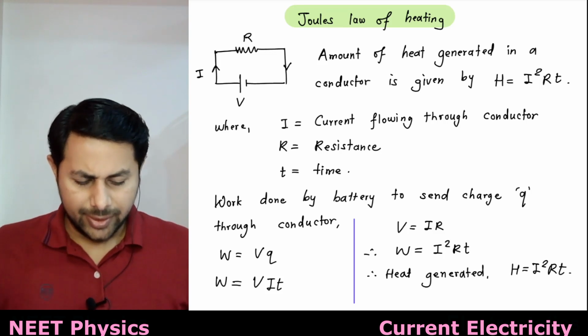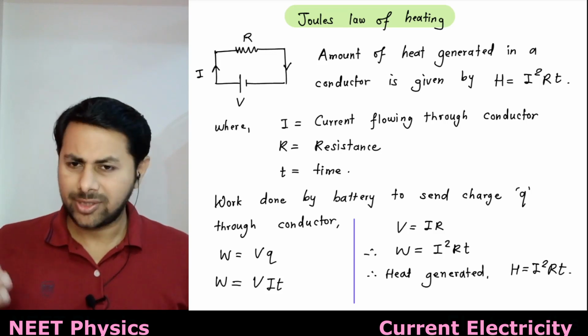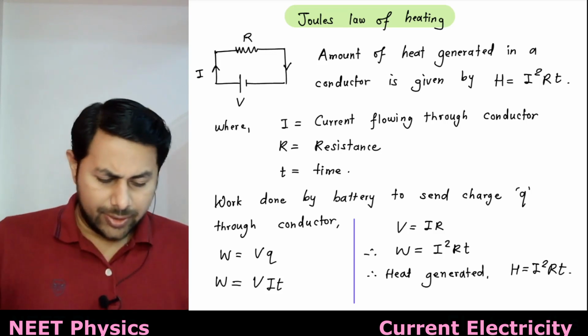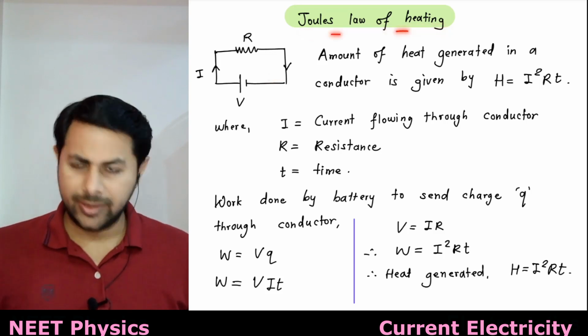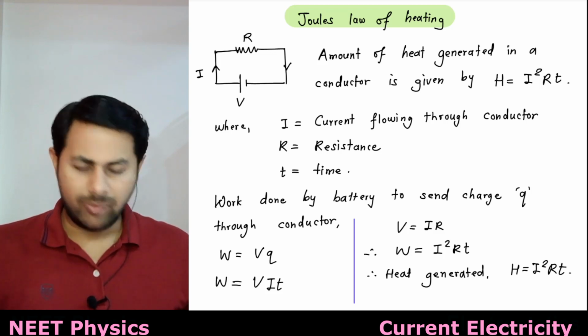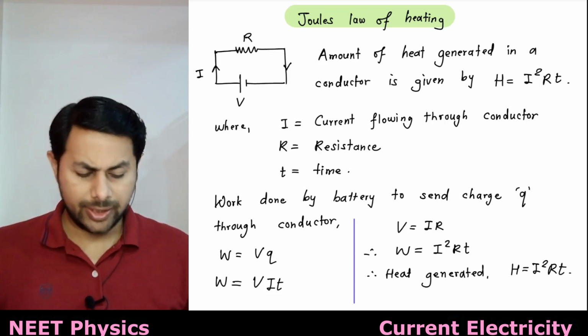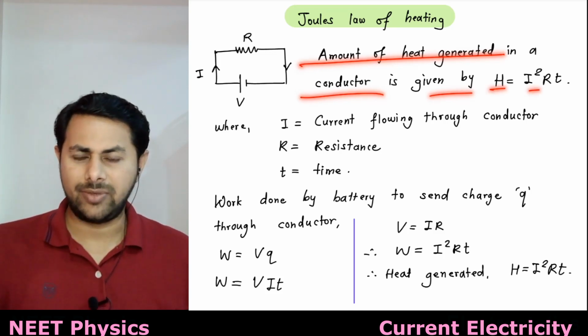So the kinetic energy of vibrating atoms increases. Then there is a law called Joule's law of heating, and it tells us how much heat would be produced. The amount of heat generated in a conductor is given by H is equal to I square RT.